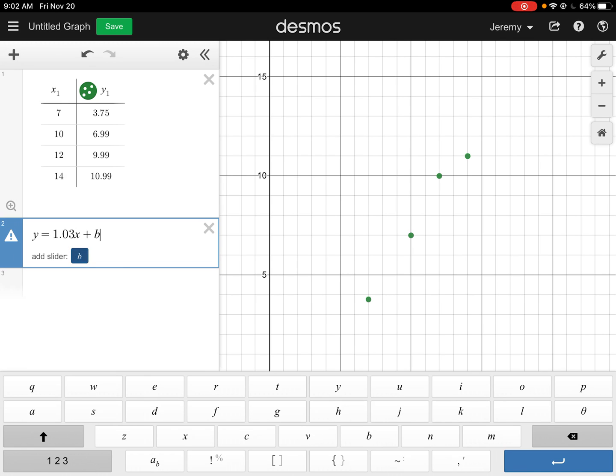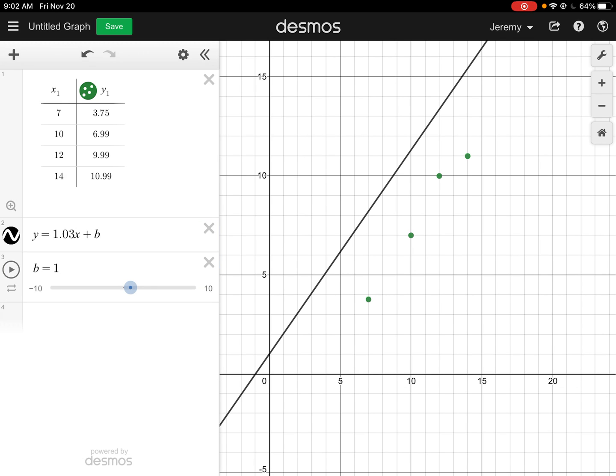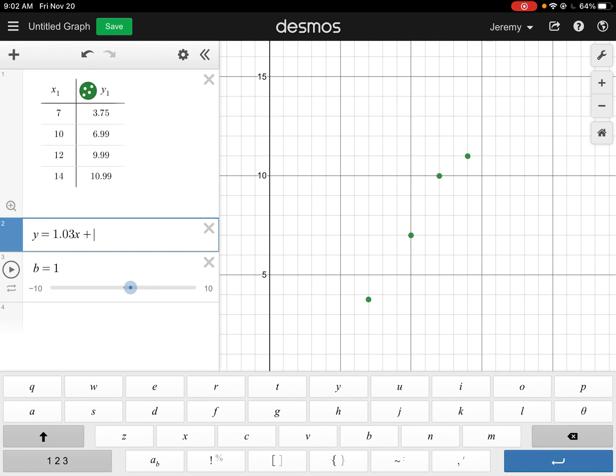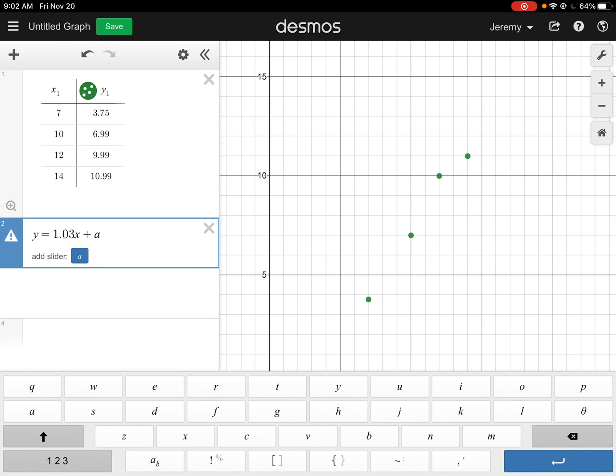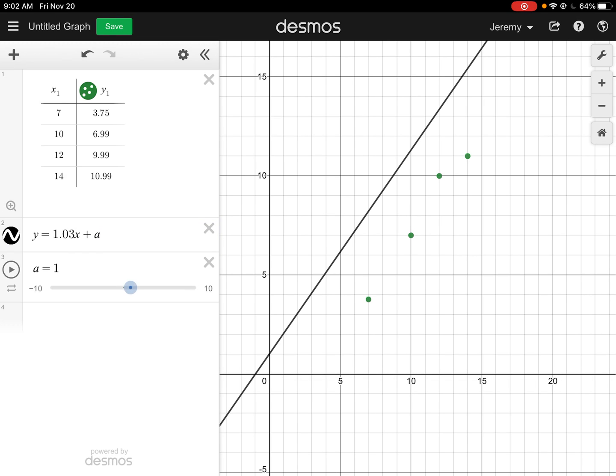So let's put b here. All right, so actually let's do this, bx plus a, because that is what intercept form is. It's bx plus a. So let's add this slider, and if we look at this, let's adjust where we want this line to intersect the y-axis.